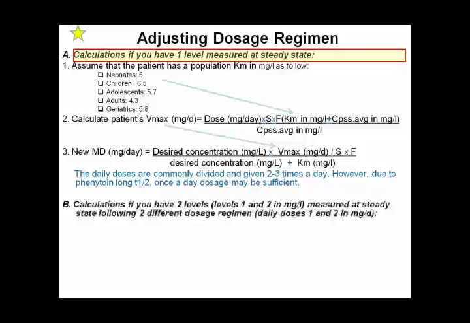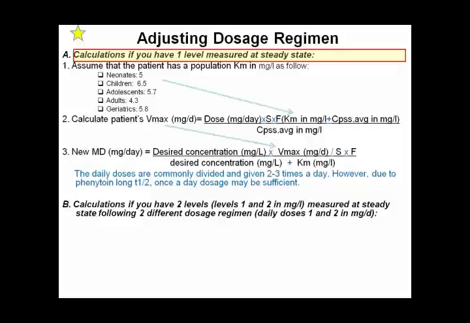There is another process if you have 2 levels. If you have 2 levels that are representing two different steady states achieved with two different dosage regimens. Let's say the patient received 300 milligram and the level was 5, and the patient received 330 milligram and the level is 8, and now you want to achieve a level of 12.